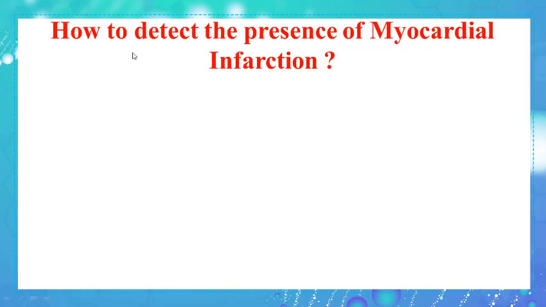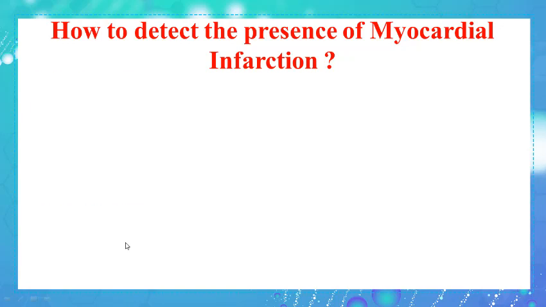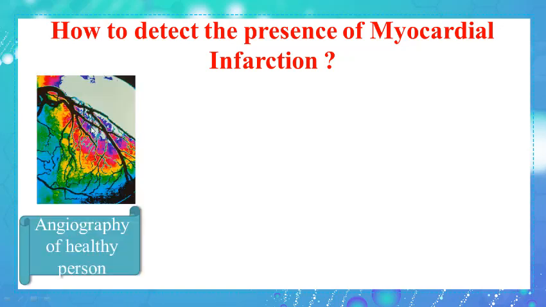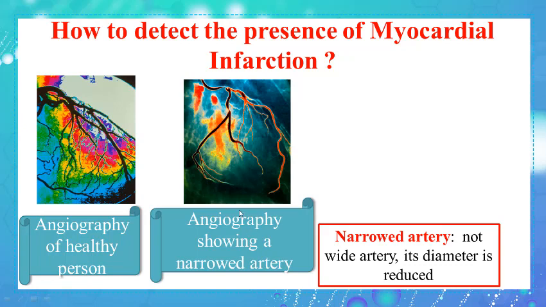If someone has some symptoms, we will discuss later these symptoms, the doctor asks the patient to make a specific examination by a technique called angiography. It's a technique of visualization of blood vessels, and at the end of this technique, we will obtain this document. This is an angiography of a healthy person, and this is an angiography of an individual that has a problem at the level of coronary artery.